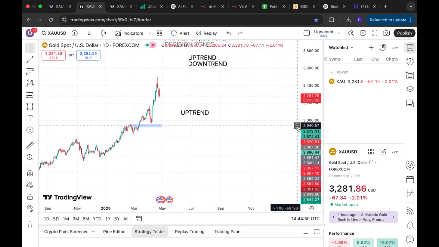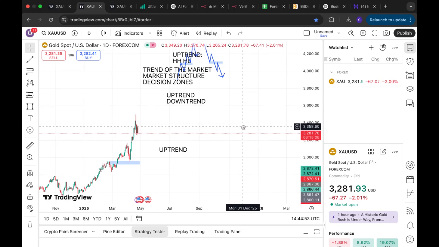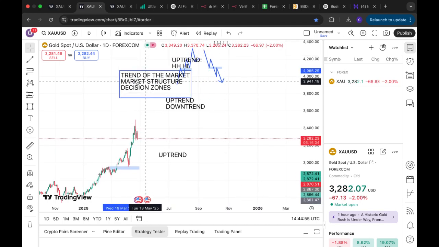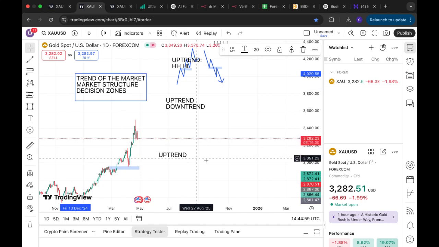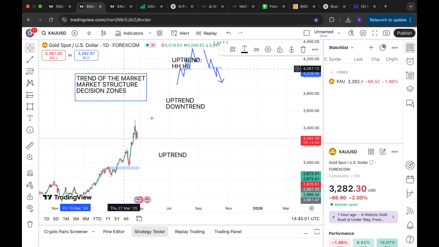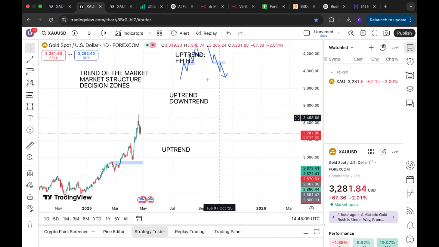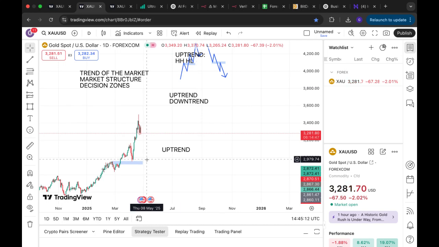Remember I said there are four things I look out for, and this is the trend of the market structure. So clearly, determining the trend has already ticked off two major confluences, because market structure can only form with higher highs and higher lows in an uptrend and lower highs and lower lows in a downtrend.